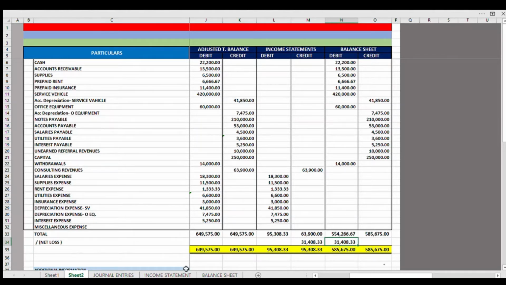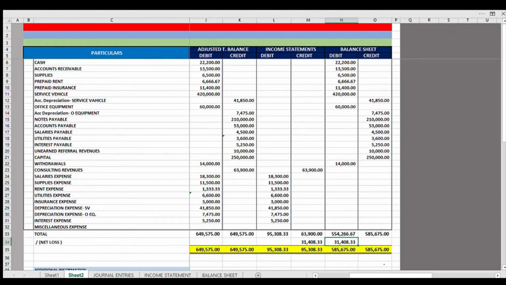So, by this time, it is now about time for us to make the report. The financial statement reports will be prepared basing on the information provided by the worksheet.